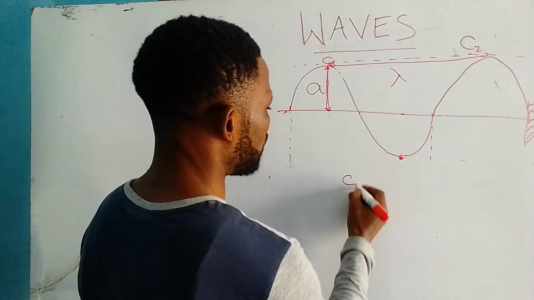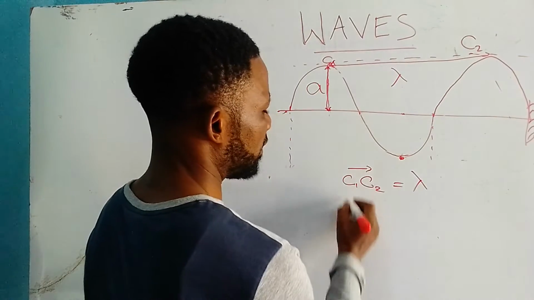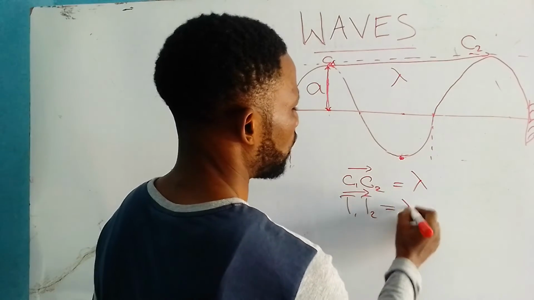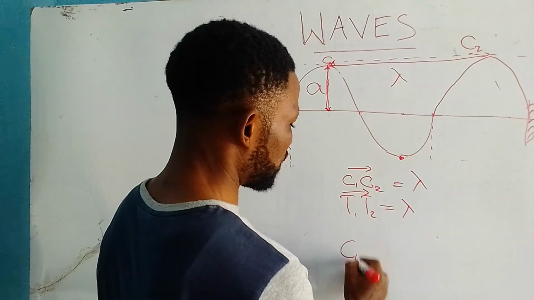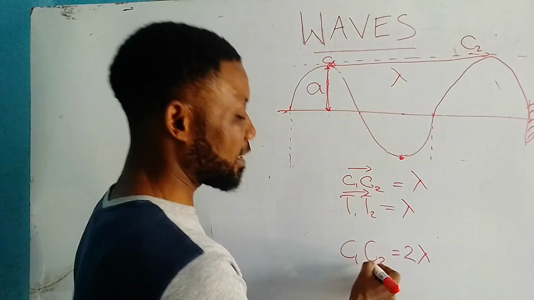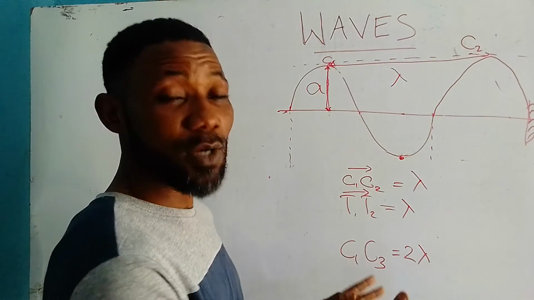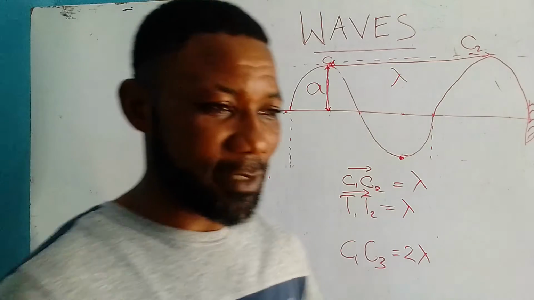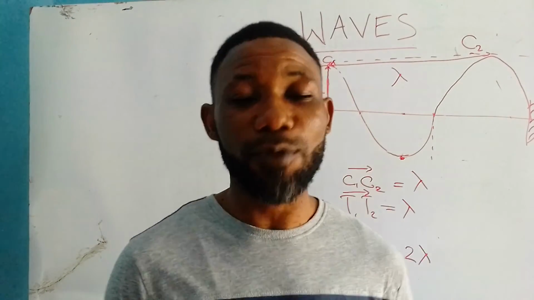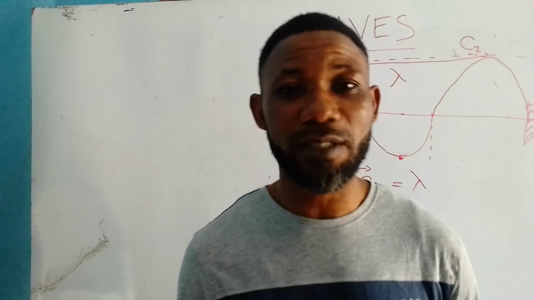The distance between C1 and C2 is equal to lambda. But the distance between C1 and C3 is equal to 2 lambda. So wavelength is the distance covered by a complete wave, or the distance between two successive crests or two successive troughs.